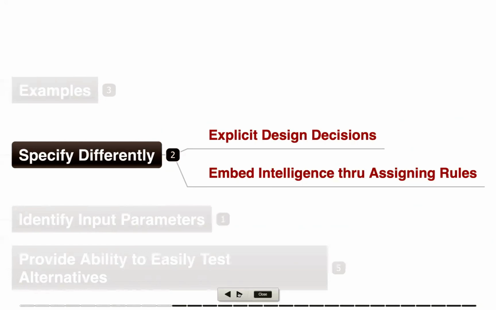Rather than worrying about encoding a final design decision, we start thinking about whether we can embed the intelligence in the model through assigning rules so that if we had to make that decision again, we could make that decision automatically. So it's less about the result and more about the rules that give us that result. And being able to encode those rules and embed that intelligence in the model gives you all sorts of power to rapidly flex and test different alternatives.